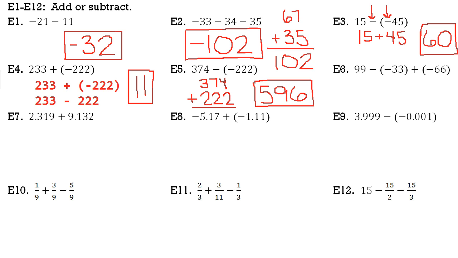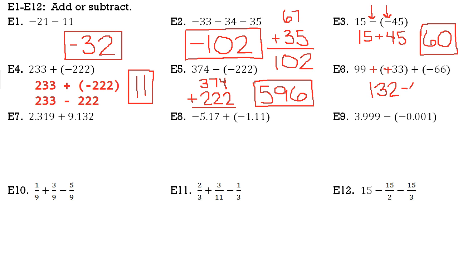All right, example number 6. Let's get into problems with 3 different real numbers involved. We've got 99 and we're taking away negative 33. So again, if your trick is just to change these into plus signs, that's great. That is basically what we're talking about here. 99 plus 33 is 132.